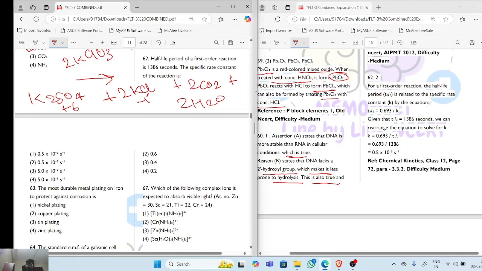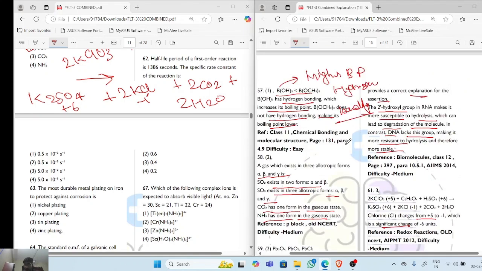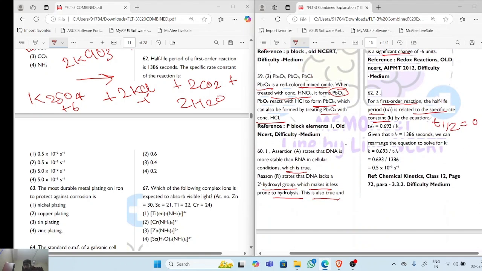For a first order reaction, the half life period t1/2 is related to the specific rate constant k by t1/2 equals 0.693 divided by k, where k is the rate constant. So k will be 0.693 divided by the half life.